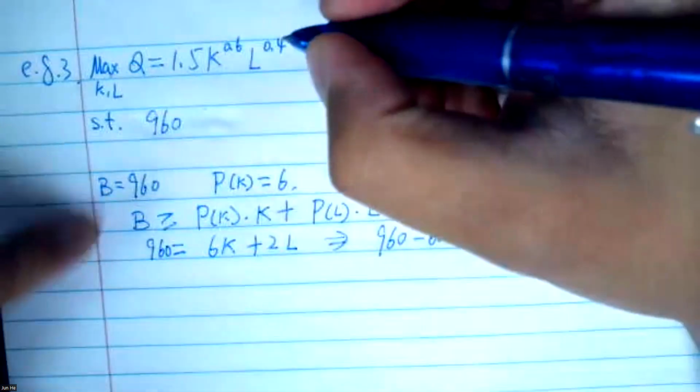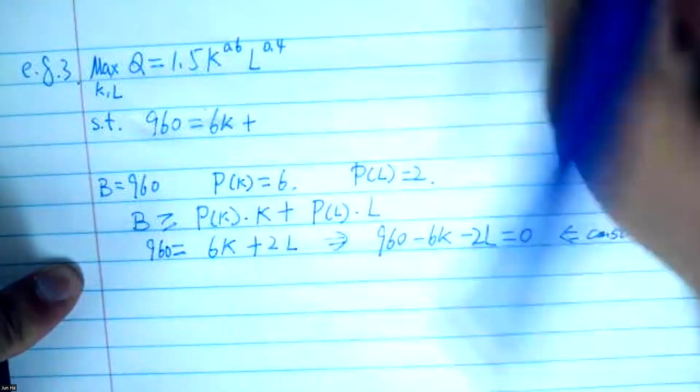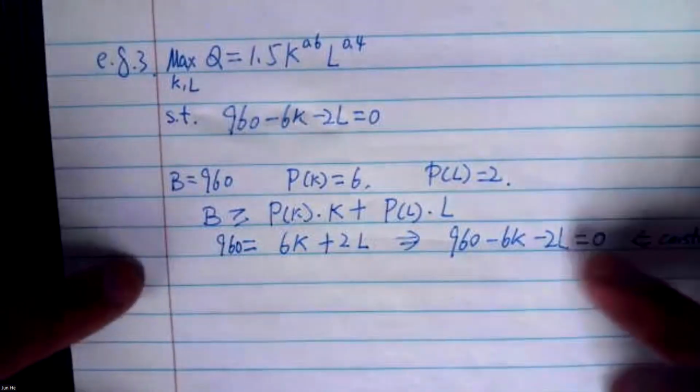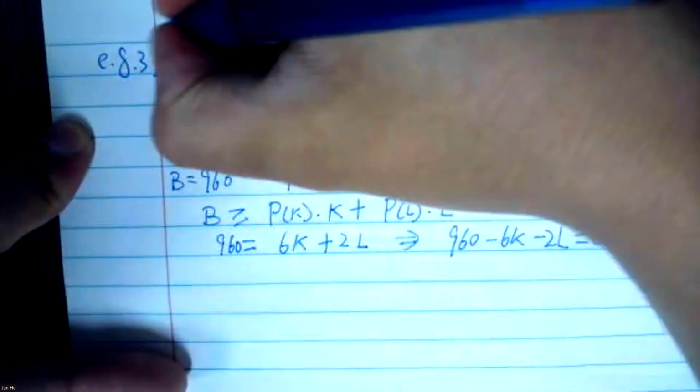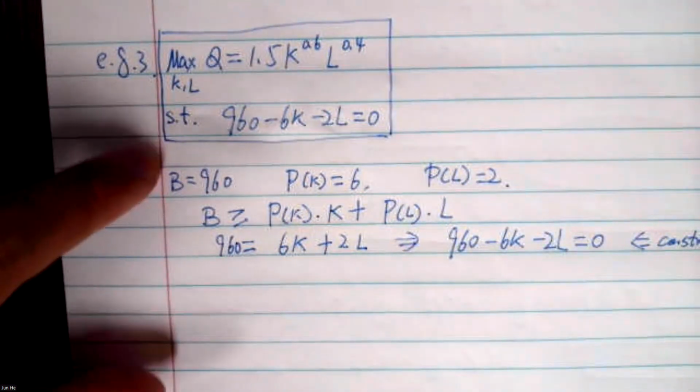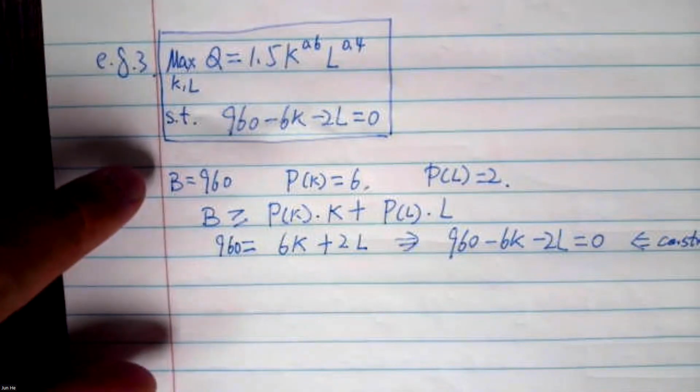So this constraint that we are subject to is 960 minus 6K minus 2L equal to 0. The entire thing above is the problem defined as an optimization problem. Then we are to solve this problem.